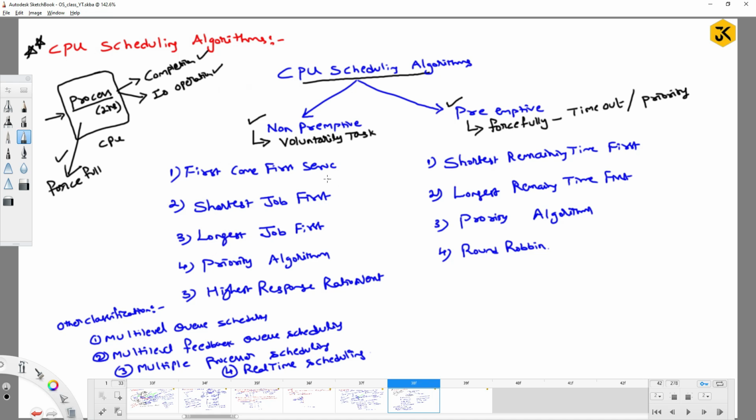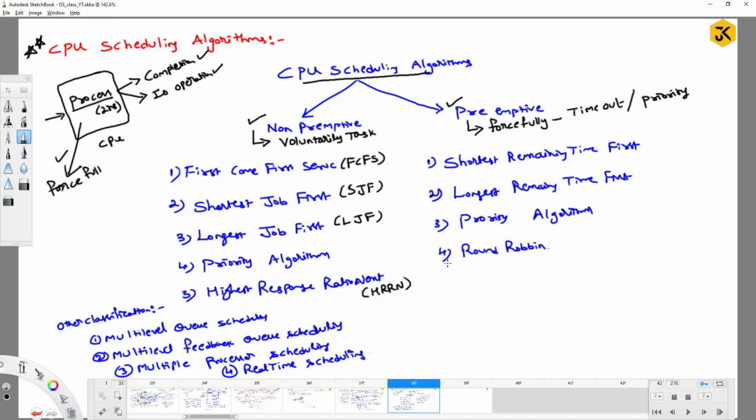Okay, if you look into the various non-preemptive CPU scheduling algorithms, the first one is first come first serve, then shortest job first, which we shortly call SJF, longest job first, priority algorithm, and highest response ratio next, HRRN.